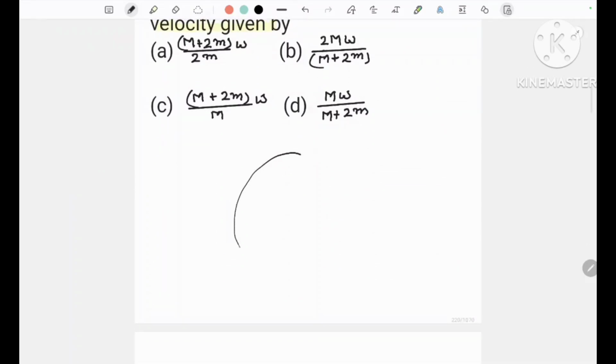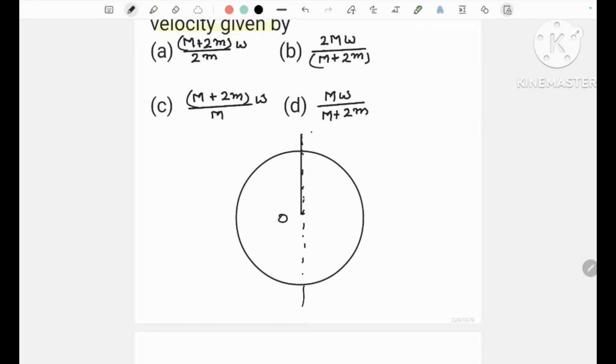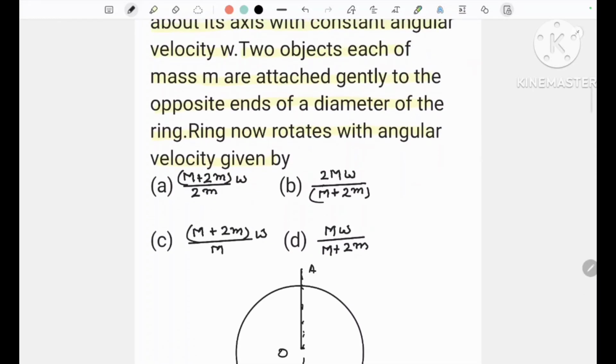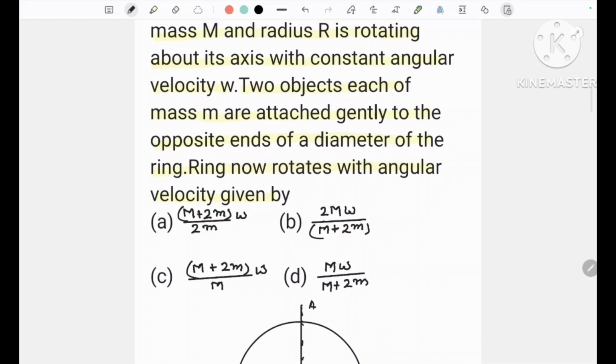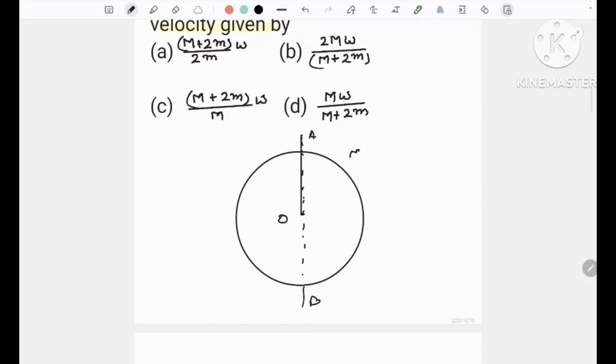A thin ring is rotated along its axis AOB. Its mass is m and radius is r.